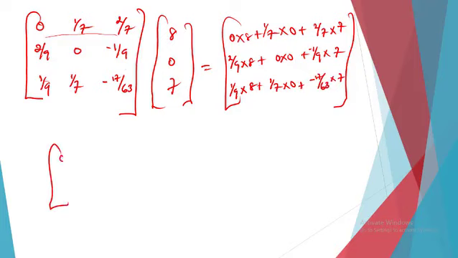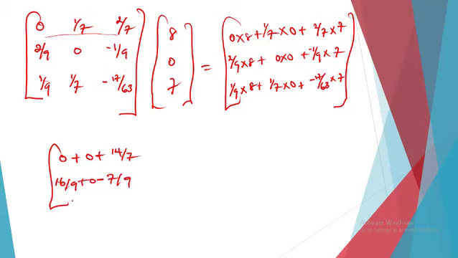Okay, check their product. What do we have? 0 plus 0 plus what? 14 over 7. Then we have this to be what? 16 over 9 plus 0 minus 7 over 9. And then what do we have on the other one?